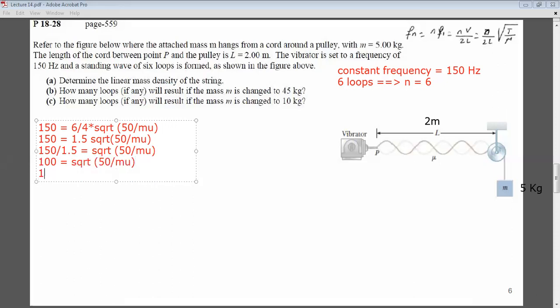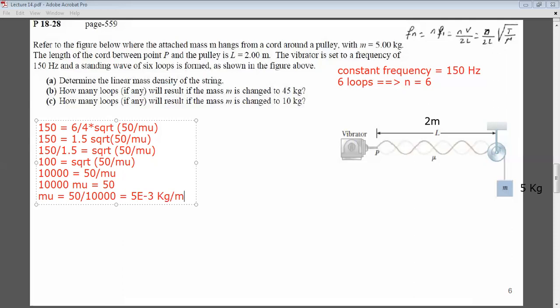I square both sides, so 100 times 100, 10,000, equals 50 over mu. So mu is equal to 50 over 10,000, which is 5 times 10 to the power minus 3, or 0.005 kilogram per meter.